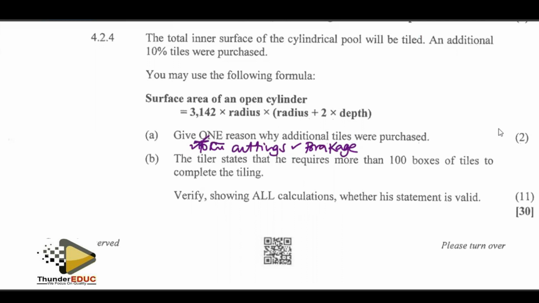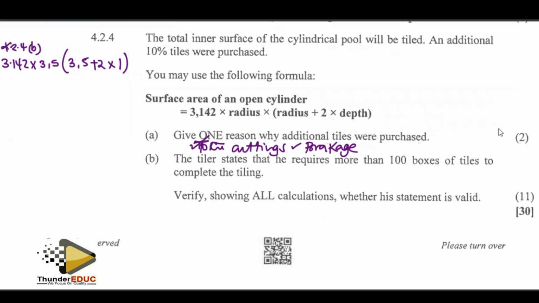All right. We shall use the formula that we have here. I'm doing question number 4.2, part B. First and foremost, we shall look for the area, whereby we shall say 3,142, which is the pi, times the radius. We've already seen it as 3,5, into brackets 3,5 plus 2 times the depth. So there we go.